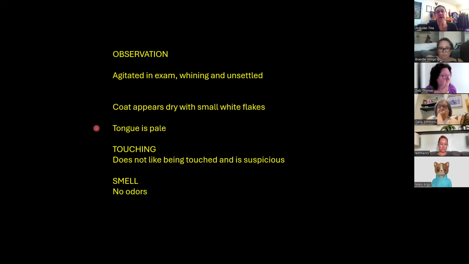And the student didn't say if the tongue was pale and swollen and wet, or if it was pale and dry. So all that I really have to present is that it's pale. The dog doesn't like being touched, is very suspicious. If you've ever worked with Kelpies, that's pretty typical for this breed. And in this particular case, there were not any odors that we appreciated.